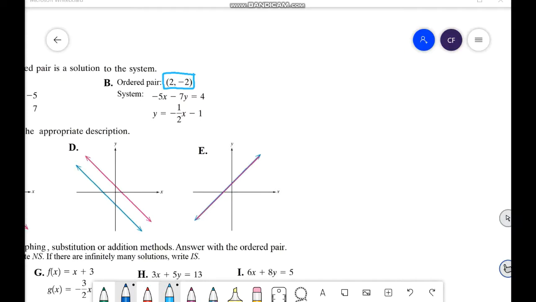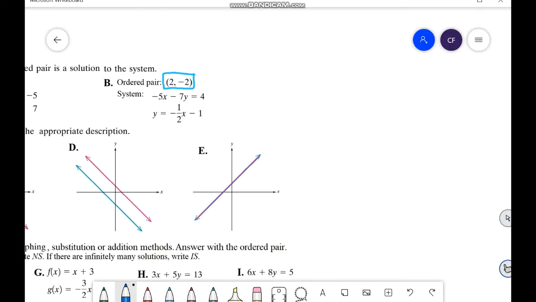To find out if this ordered pair is a solution, you have to plug it into each equation. It has to produce a true statement. Let's check.